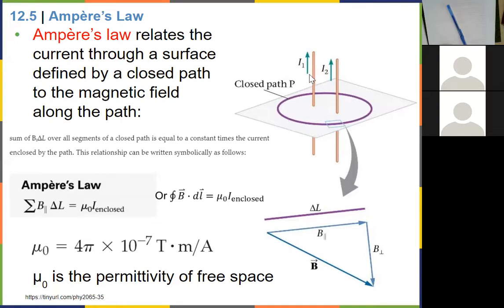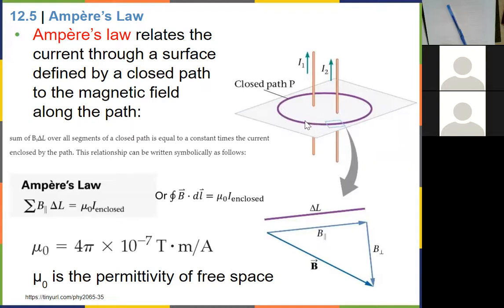If you have currents and a closed path, then the integration of the B field times the small dl along the path should be equal to mu naught times I enclosed.